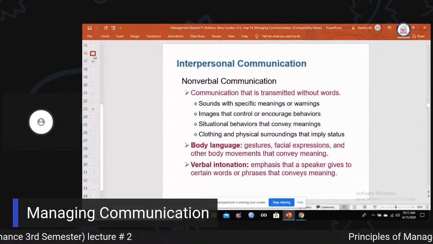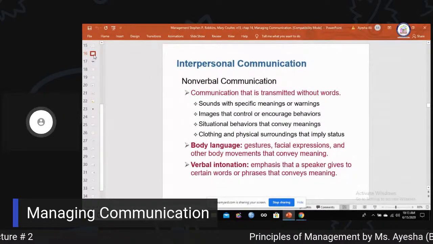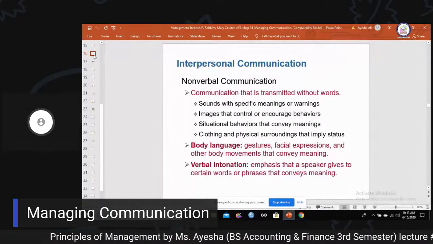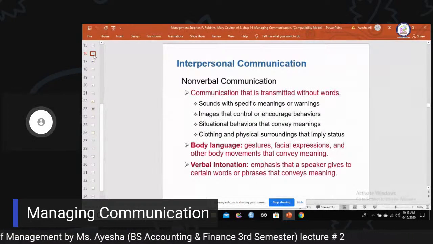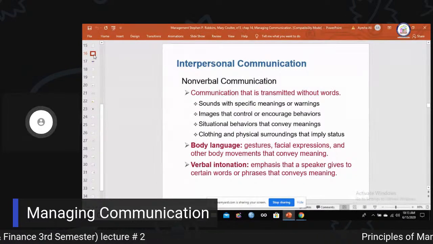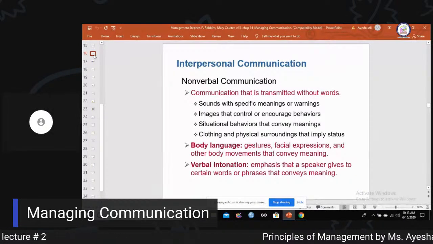Verbal intonation. Basically, the pitch of sound also gives a message. If someone has a high pitch, we perceive it differently, and if someone has a soft voice and low pitch, we perceive it differently.